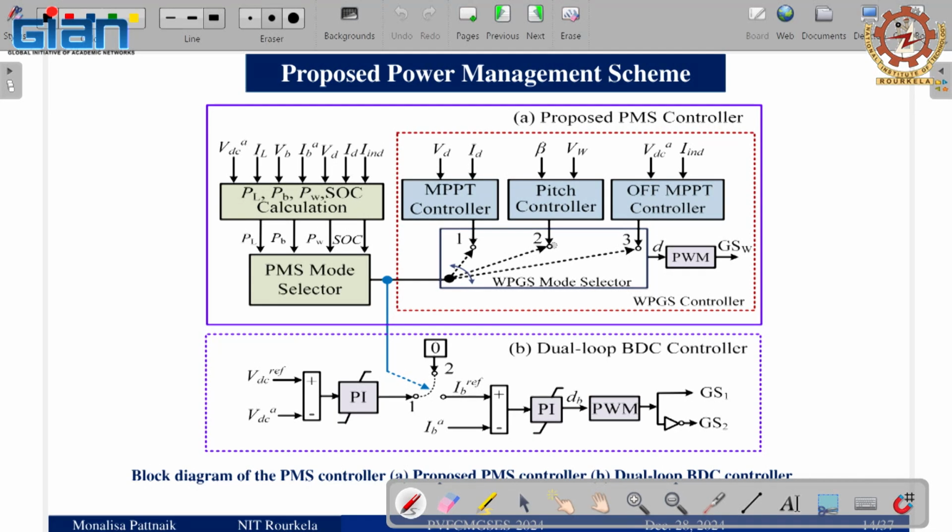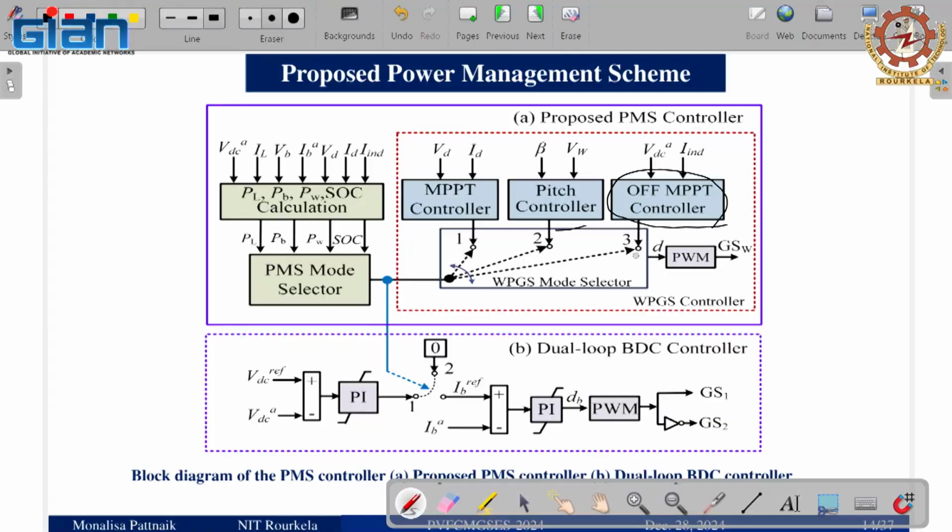When the wind speed is more than the rated, we have to go for the pitch control mode. And when the off MPP mode comes into the picture, we have wind power but cannot use it, because if the battery is either overcharged or at a deep discharge condition, we have to disconnect the battery. We cannot operate the battery further, for its protection and safety.